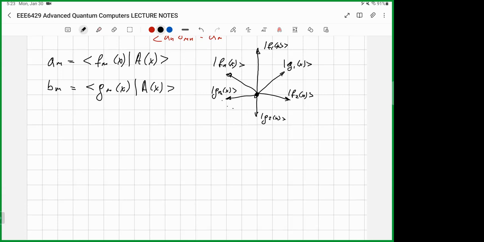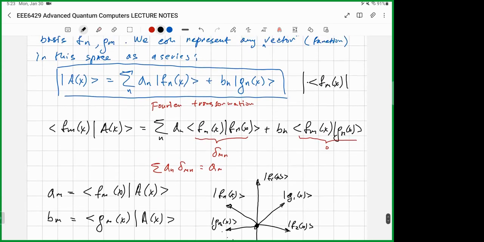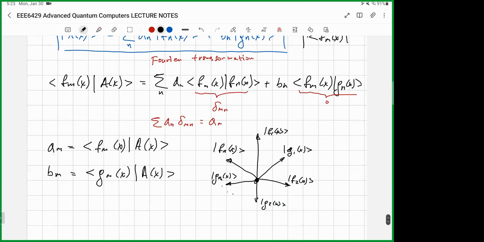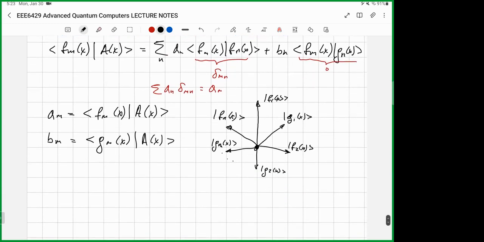In the case of the Fourier transform, how many dimensions do we have? We have an infinite number of dimensions, because to represent any function as a Fourier transform, we need an infinite number of sines and cosines with different frequencies.